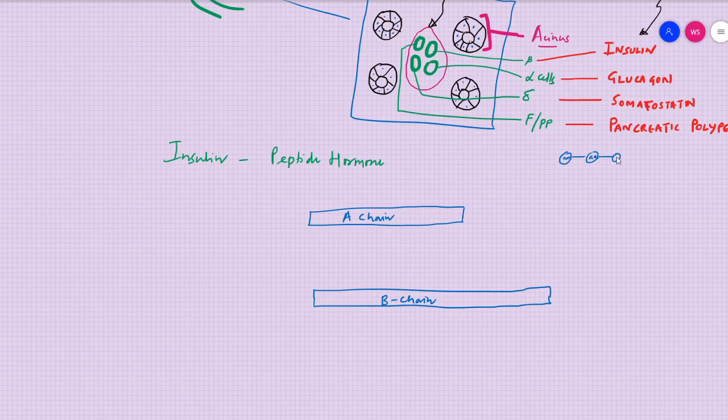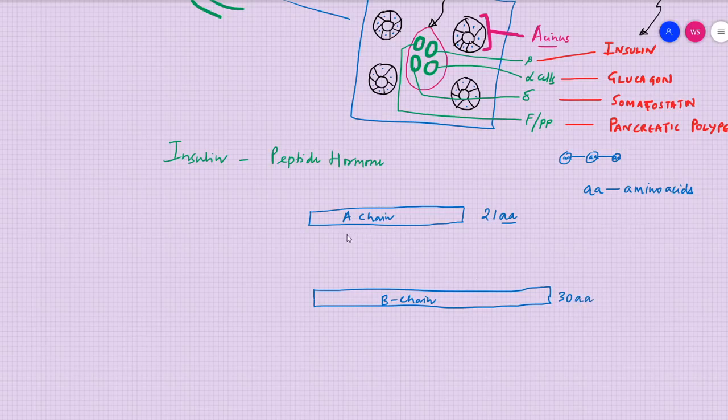So this is a block representation of what essentially is a chain of amino acids. So the A chain is made up of 21 amino acids, AA meaning amino acids, and the B chain has 30 amino acids.